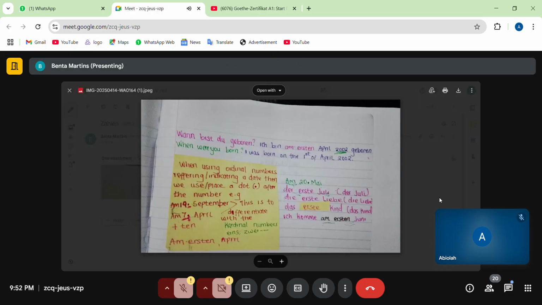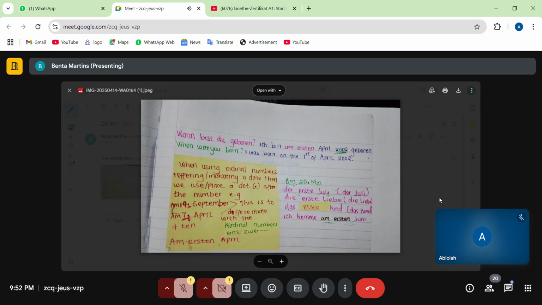Let me write it. 9. September, because we have the N. But if you don't have it, then it's 9. without the N. So 9. September, 10.